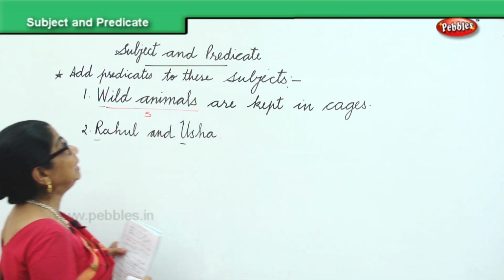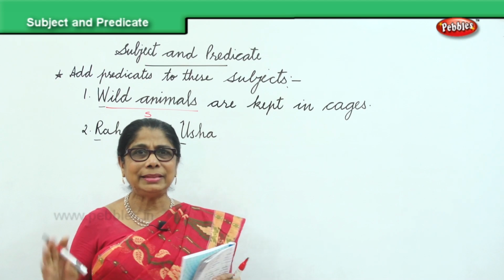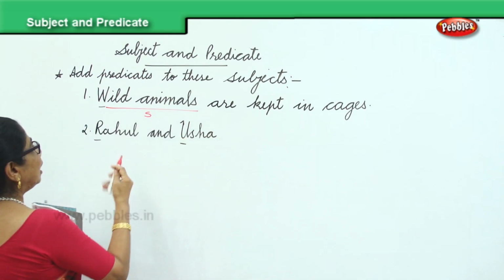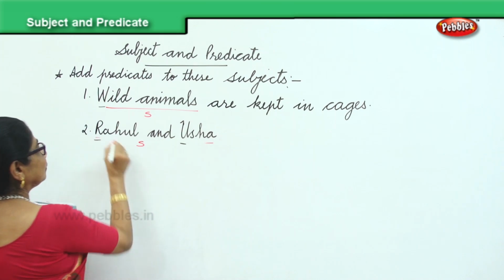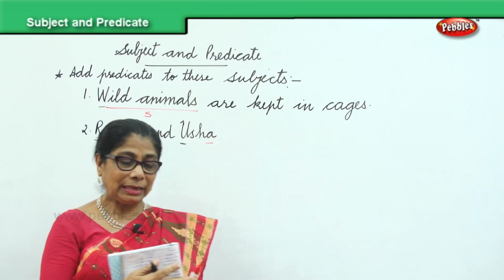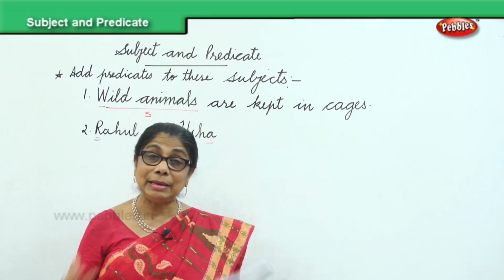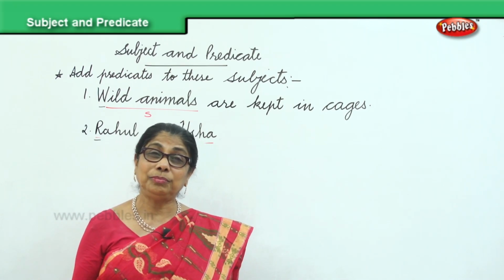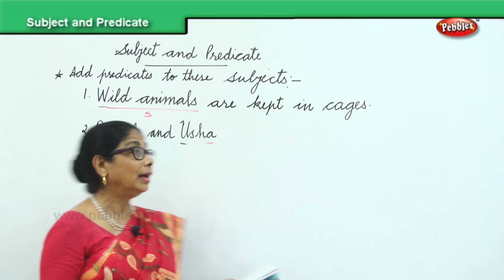So you give me some predicate to complete this subject. What is this? Subject. Rahul and Usha, these are the subjects. Now what are they? You can say Rahul and Usha are friends. They are twins. They are studying in the same class. You can end anyhow. You can put anything. This is a subject. You can put anything.